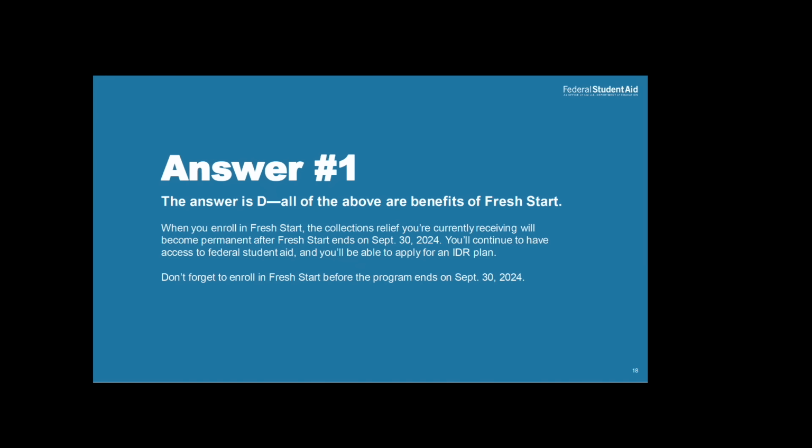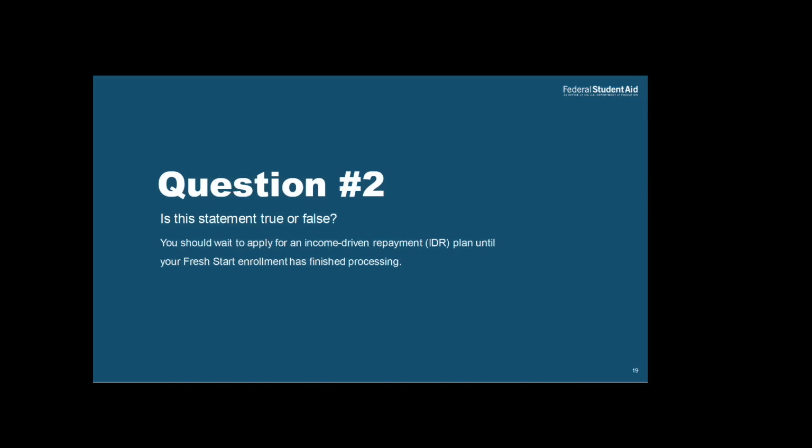You can continue to have access to federal student aid. You'll be able to apply for an IDR program as well. But you must, and I repeat, you must enroll in the Fresh Start program before September 30th. So you can go ahead and do that today if you like.